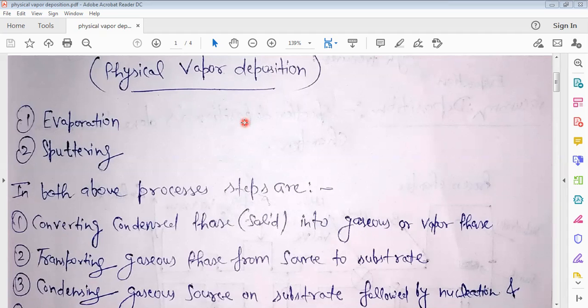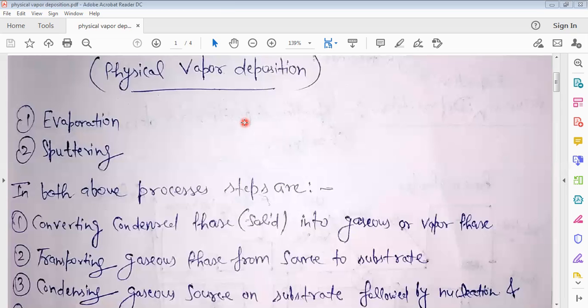So metals, specifically, are deposited using physical vapor deposition. There are two methods by which the metal can be deposited onto the semiconductor to make contacts: vacuum evaporation and sputtering.